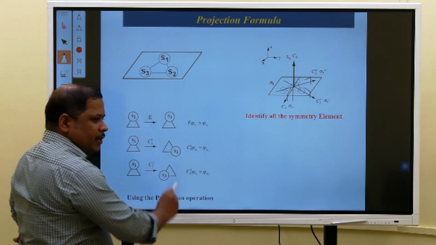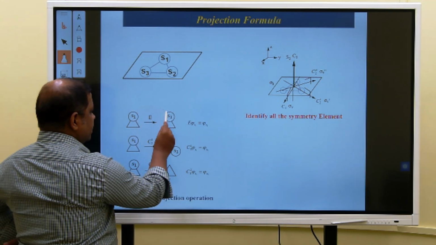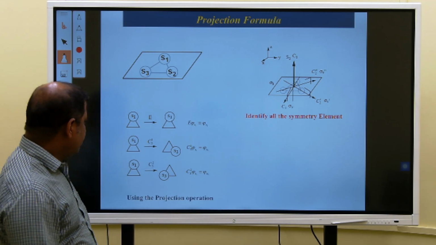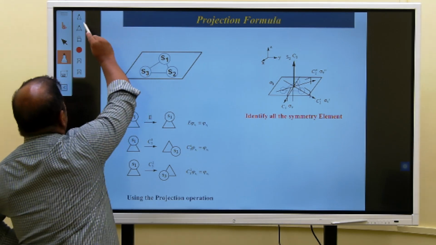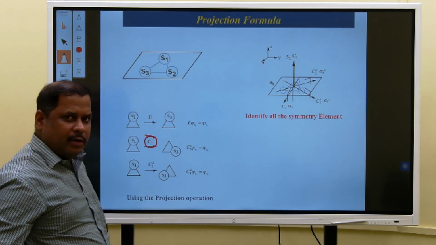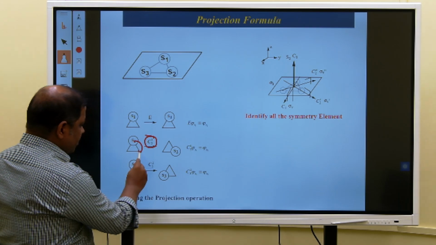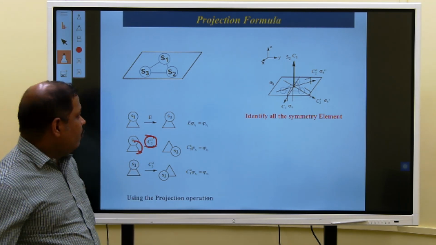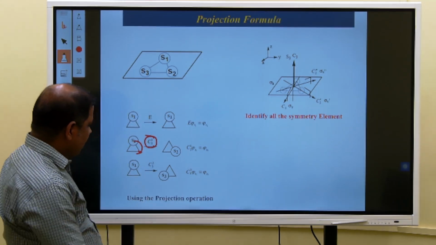For S1, the symmetry operation E, you rotate by 360 and you get it the same. Agree? Next, if you rotate through C3, what will happen? S1 is going to occupy this position, and what exactly was it? It is S2. Are you getting my point?